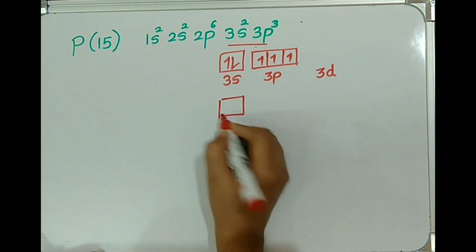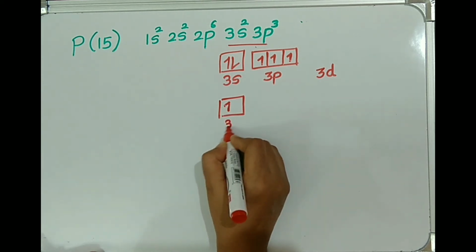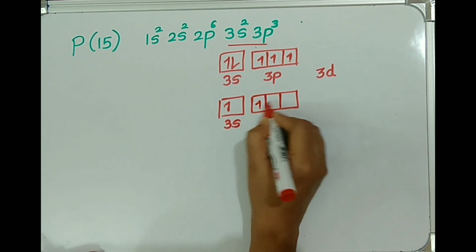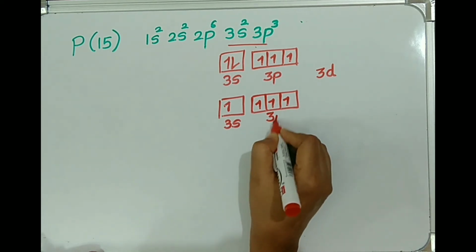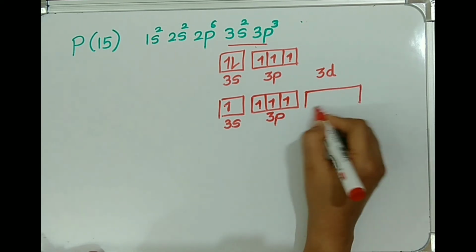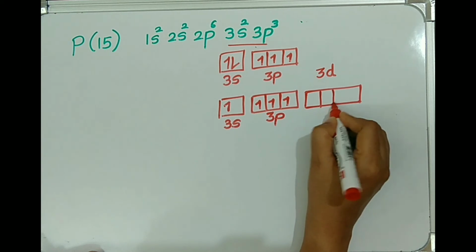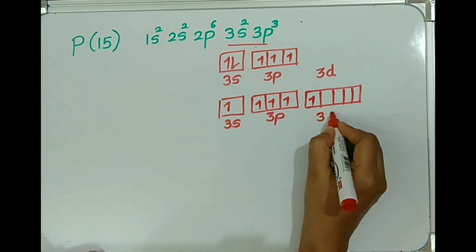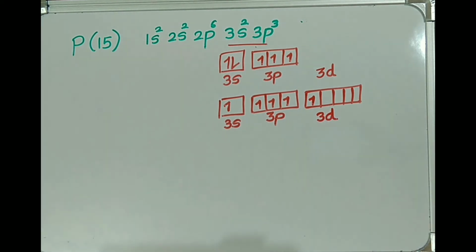So excited state will be 3s, 1 electron, 3p, 3 electrons, and 1 electron from s orbital is excited to 3d orbital. Correct?